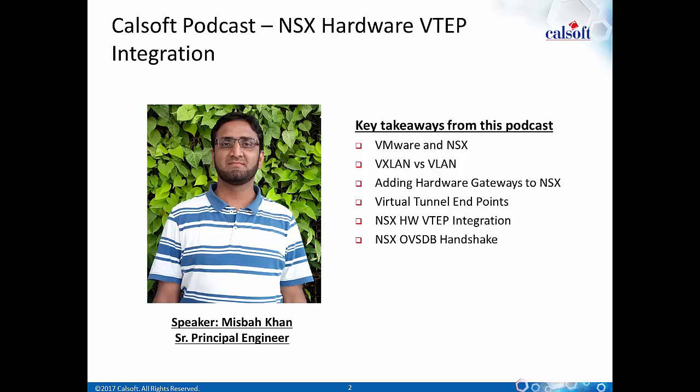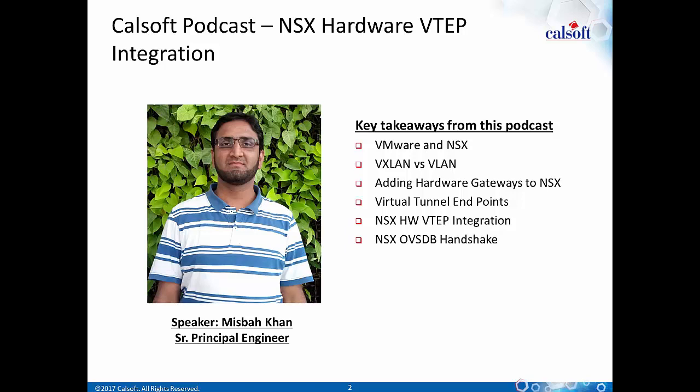Okay. So Misbah, tell us how all of this integrates into the VMware ecosystem then. Okay, so considering the VMware ecosystem, you have virtual machines running on ESX servers. These virtual machines are supposed to access physical bare metal servers, BMS, as they call it, which are connected to underlying hardware infrastructure.